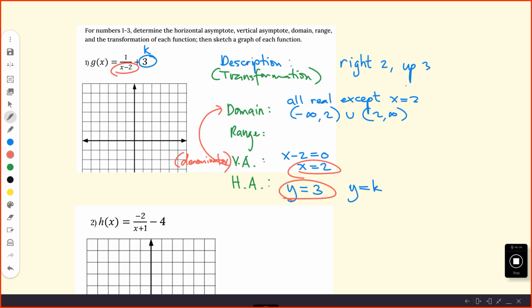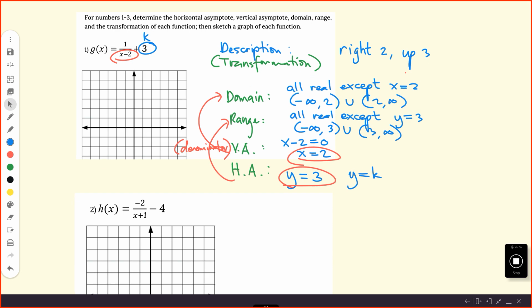And then you're going to use that for your range. So your range would be all real except 3. So all real numbers except y equals 3. And so how do you write this now? That's going to be negative infinity to 3, union 3 to infinity. If you want to write the words, that's fine. But if you're asked to write the interval notation, this is how we write the interval notation, correct? Okay.